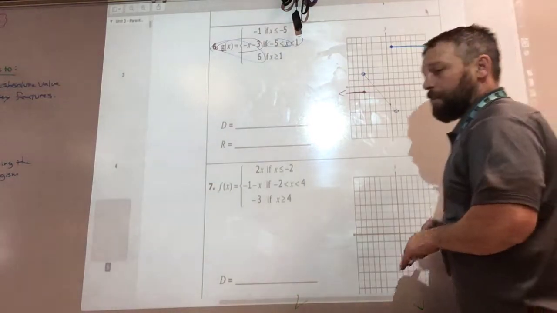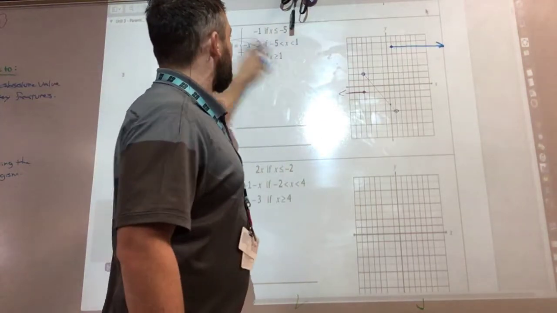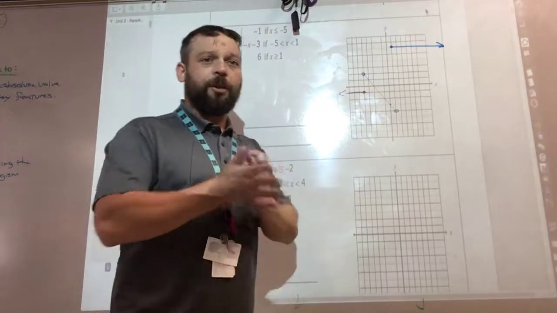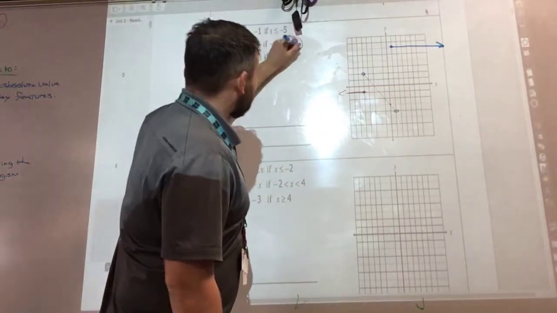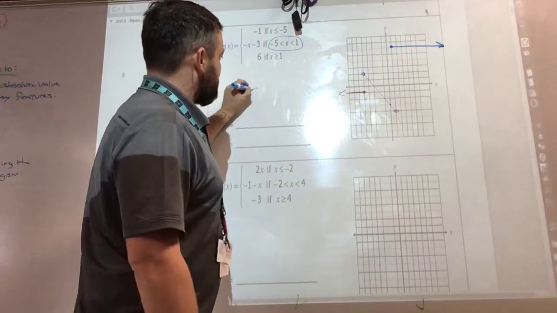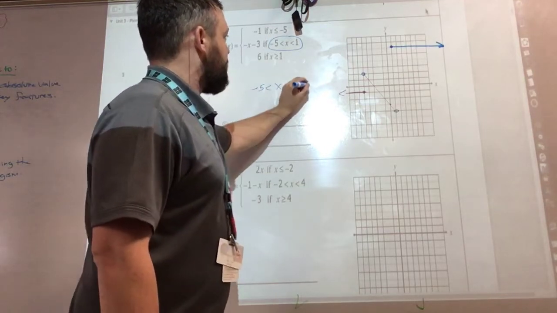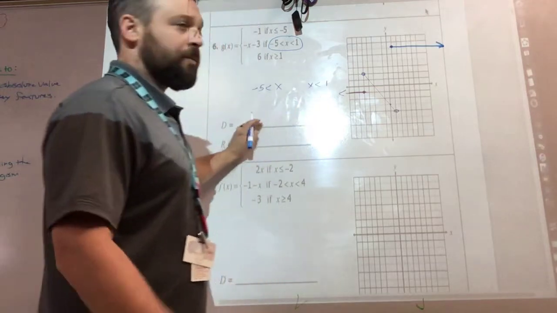Okay, so before I go any further, let me go back because I did that kind of quickly and sort of nonchalantly. Let me explain what this means again. This is saying -5 is less than x, and it's also saying x is less than 1. So think about it.